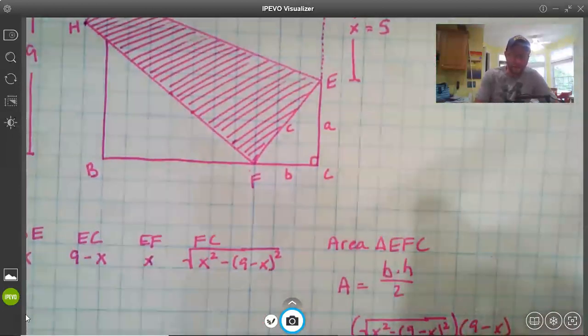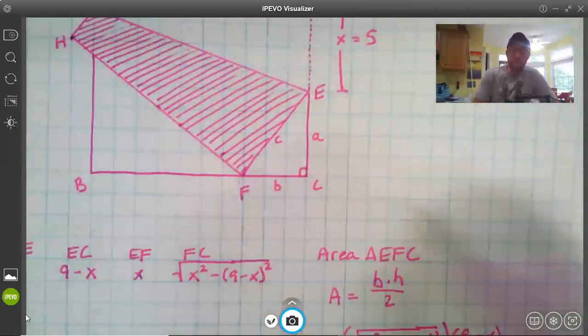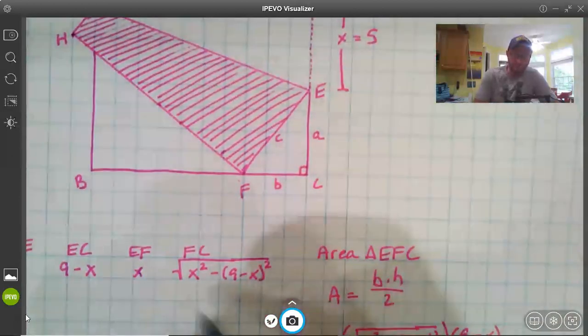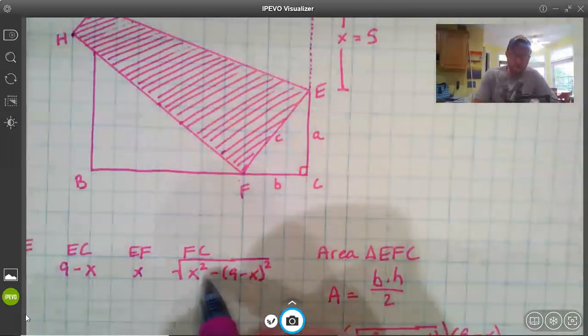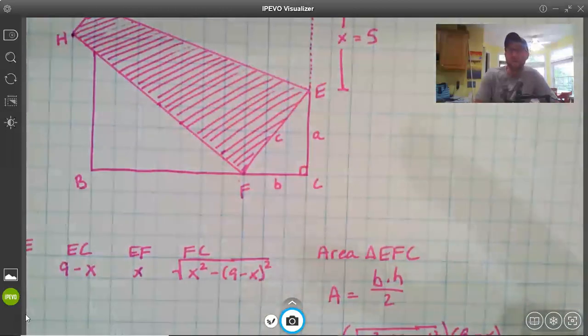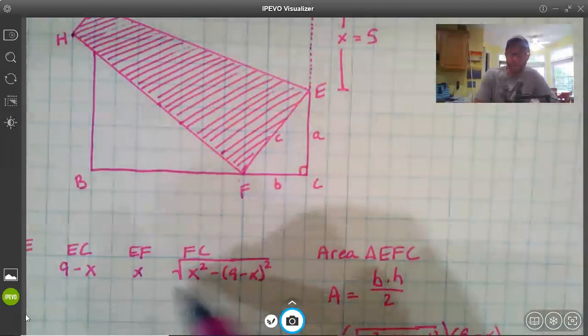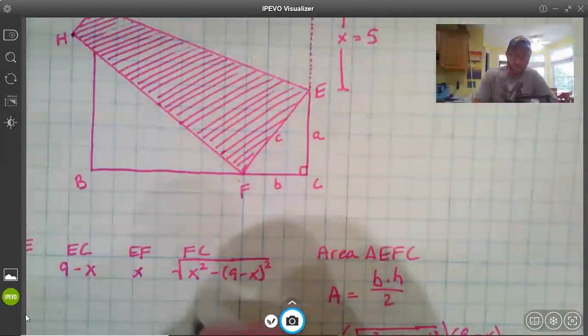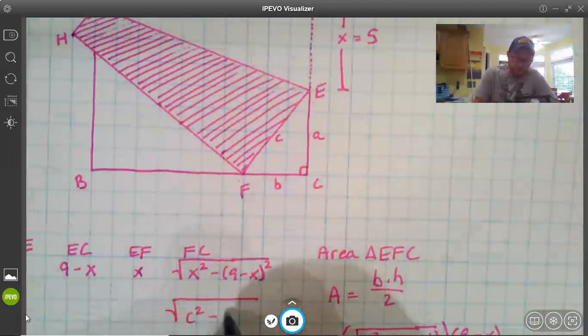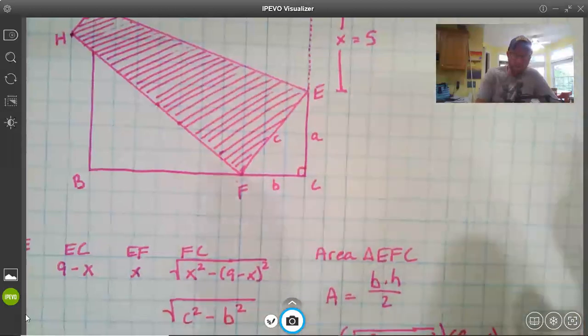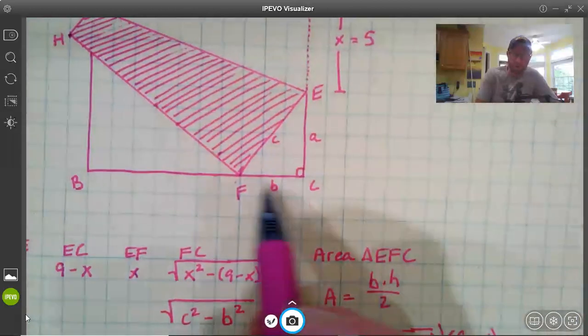EF is just x. And then finally, b, that was a little complicated one, ended up being the square root of x squared minus (9 minus x) squared. This whole business in here really could be simplified, but I just wanted to leave it that way so that we could see where everything came from, because this comes from the square root of c squared minus a squared, which is our reworked Pythagorean theorem.